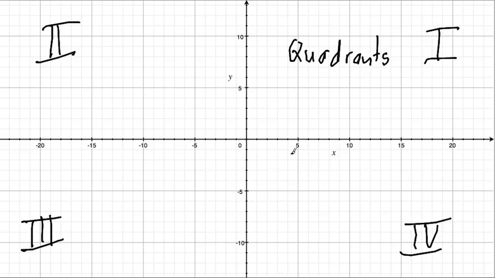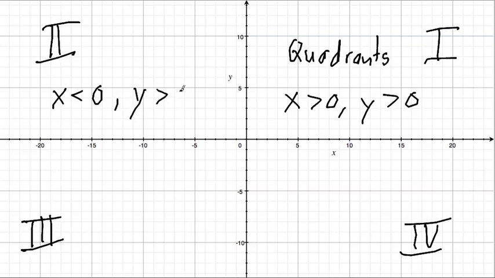And the quadrants are really characterized by how the coordinates of the points there behave. Here, in the first quadrant, x and y are both bigger than 0 because the x-coordinate is to the right of the origin and the y-coordinate is above the origin. In the second quadrant, x is less than 0 because we're to the left of the origin, but y is positive, we're above the origin, so y is greater than 0.